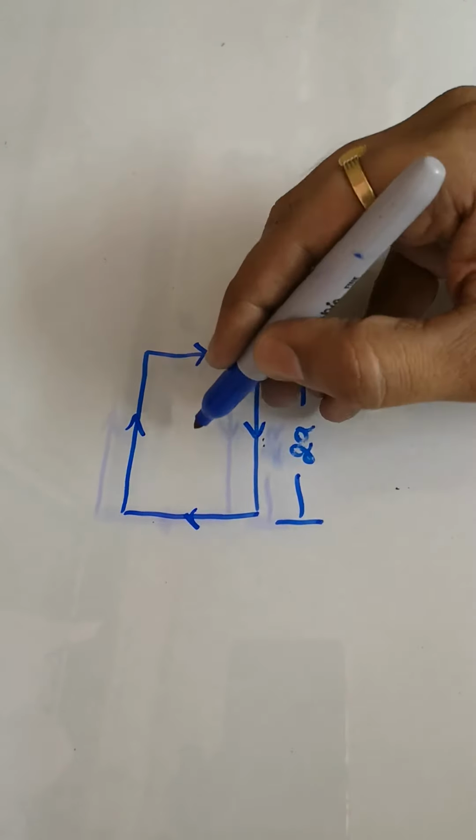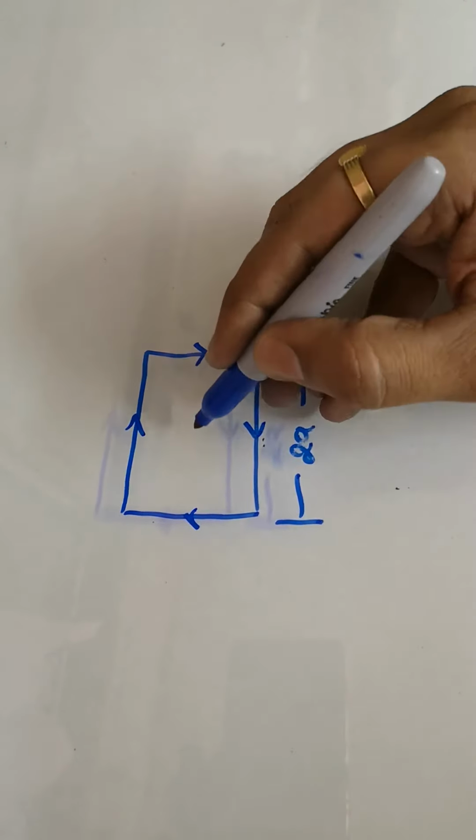I'm giving you a hint that you can follow our usual conventional formula, B equals mu 0 I divided by 4 pi r into theta, or you can consider two parallel wires.